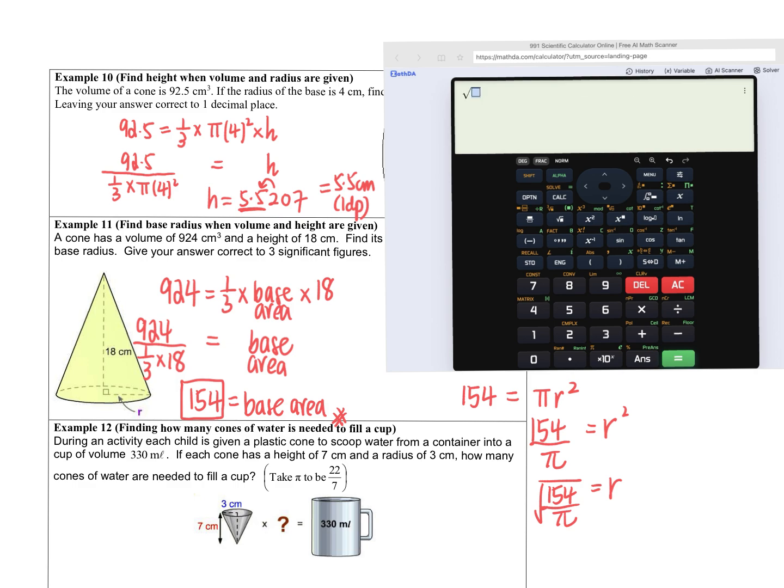Square root 154 over pi. So it will give you 7.001. So 3SF, you look at this third figure. This is a round down. So 7.00, 3SF.